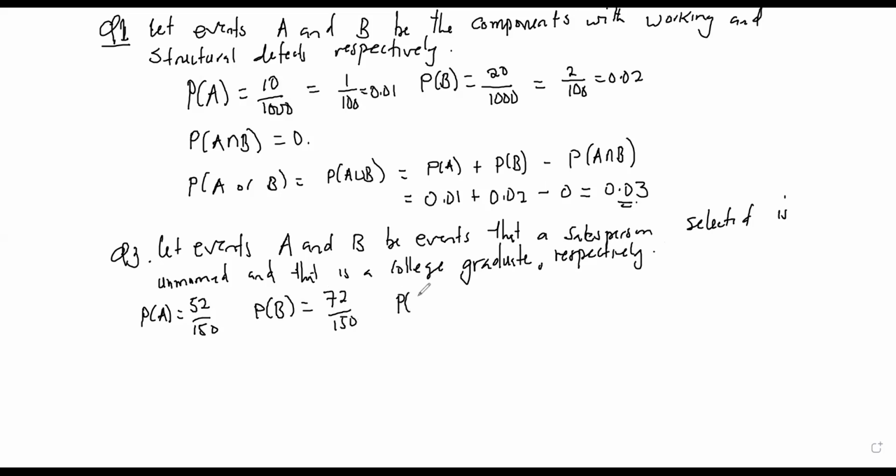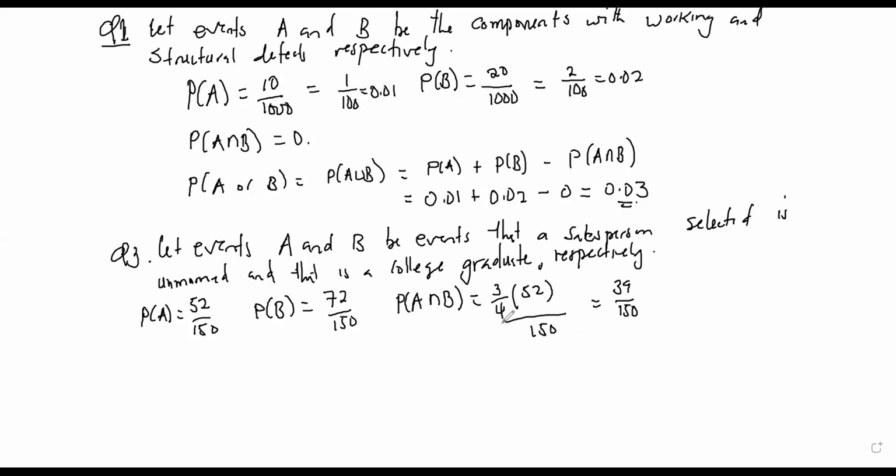The probability of being unmarried and a student at the same time is 3/4 of 52 over 150. When you work out the numbers, you get 39 over 150. So we have these figures.